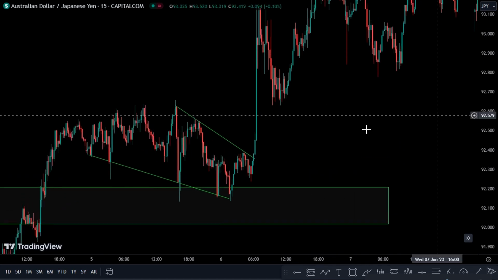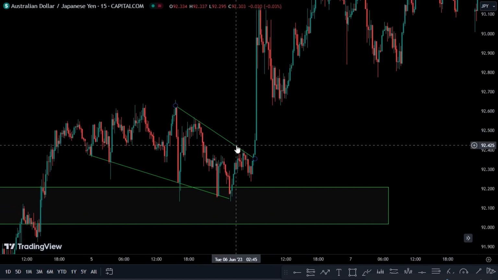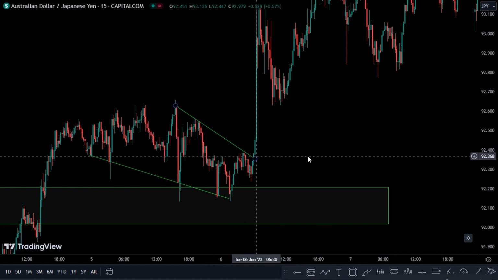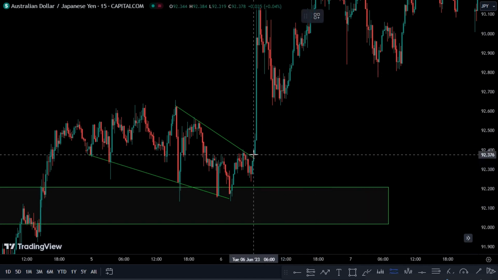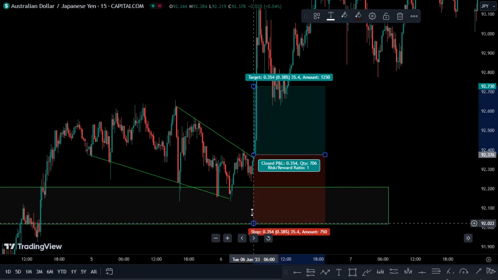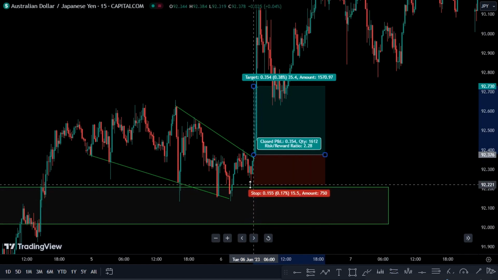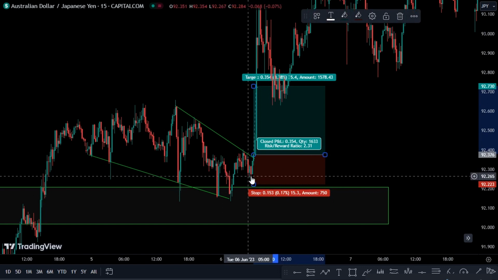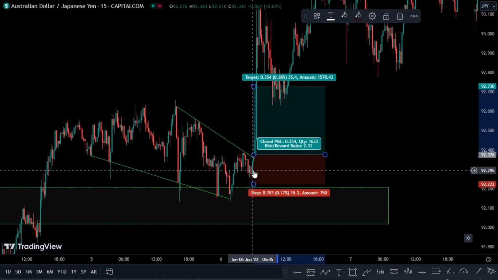Then what do we wait for? We also wait for this resistance right here to be broken, this immediate resistance. As soon as we hit this candlestick here, close above this resistance, this is where we could have taken our buy entries using this strategy, and then your stop loss will be below this area right here.